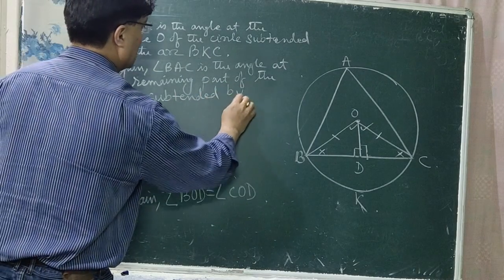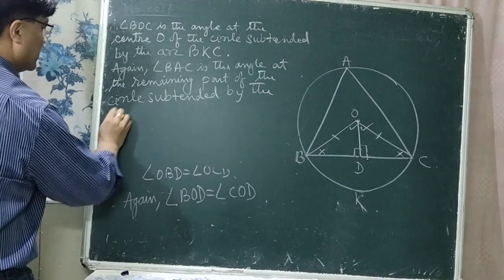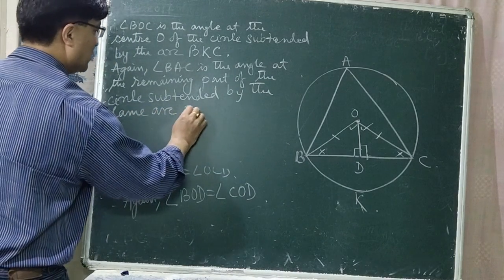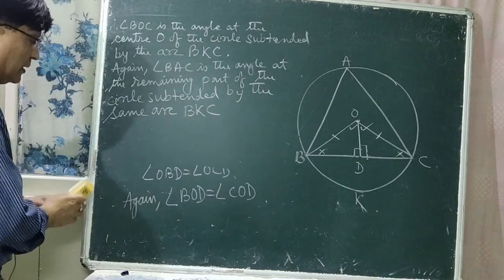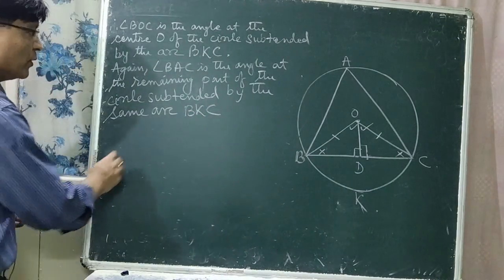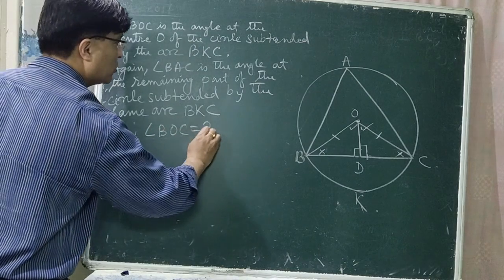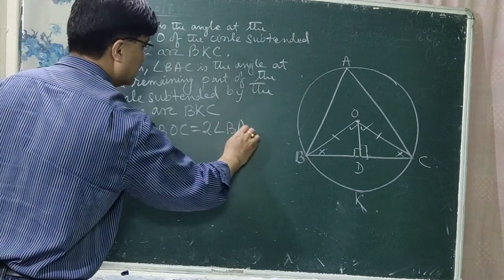Subtended by the same arc BKC. Okay. So what can you write? Therefore we can write that is angle BOC is equal to twice angle BAC.